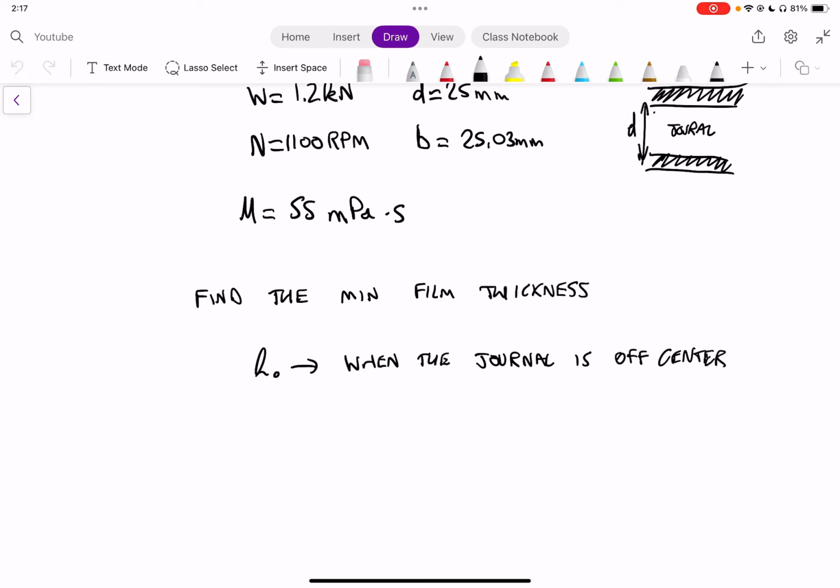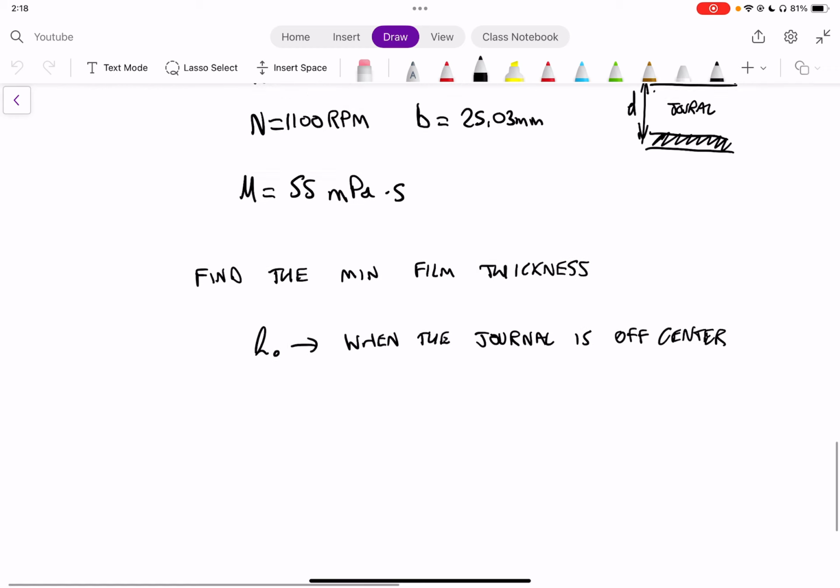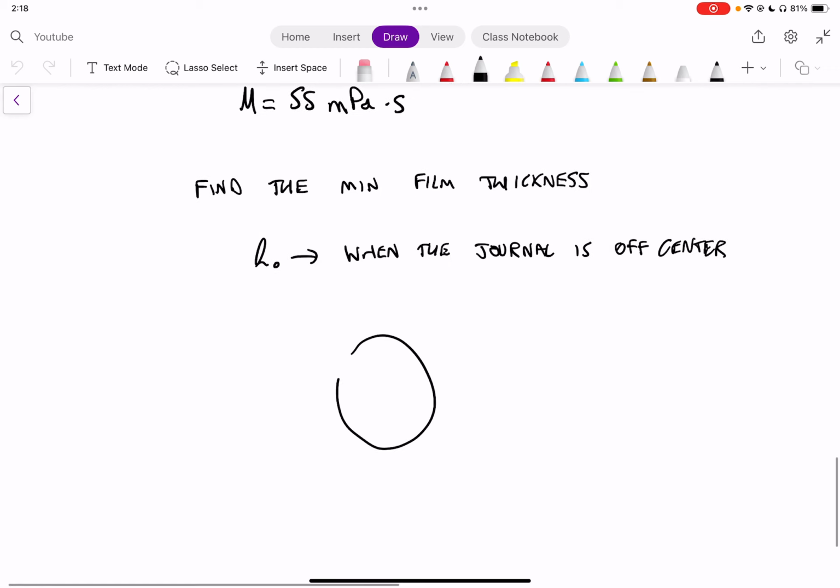When the journal is off center, we can find a minimum film thickness. If we look at our bushing and bearing together, so let's say they're off center, it would be this height, H0, that would be the minimum film thickness that you're looking for.